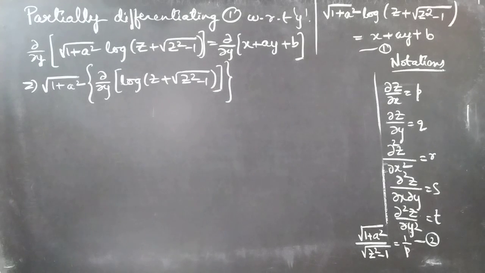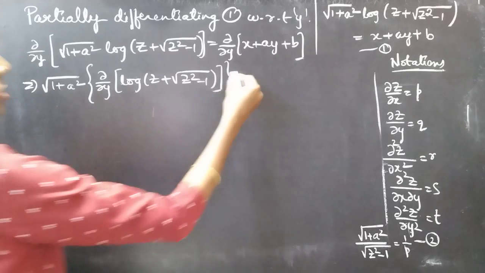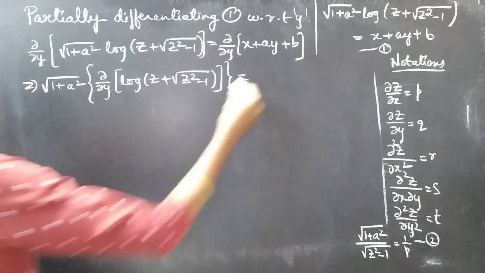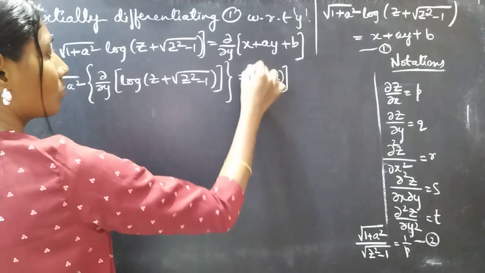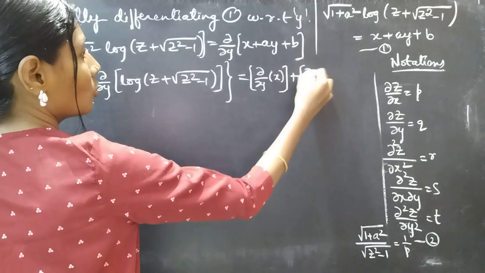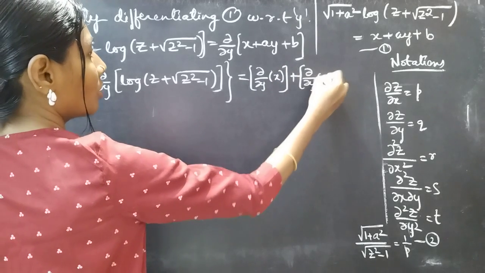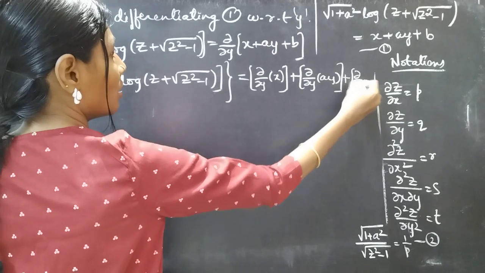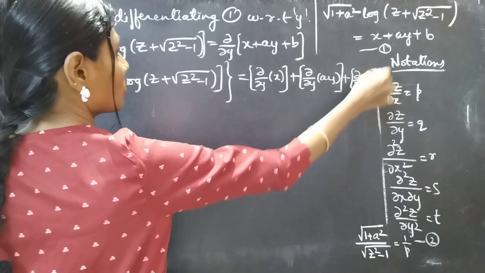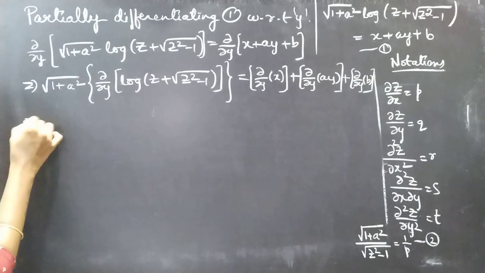So you can skip the steps which are avoidable, okay? It's not necessary to write each and every step. Equal to dou by dou y of first term of RHS plus dou by dou y of second term of RHS plus dou by dou y of last term of RHS, right?